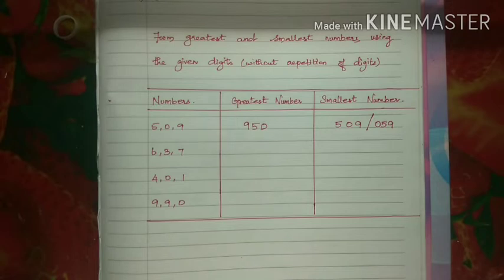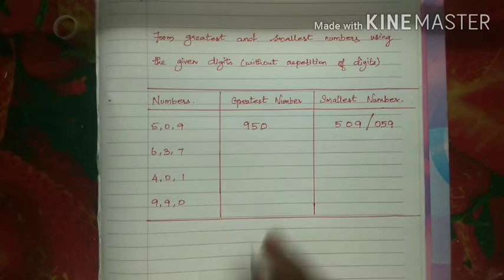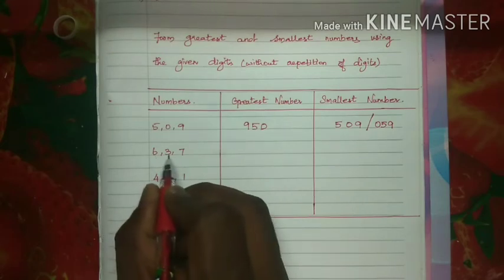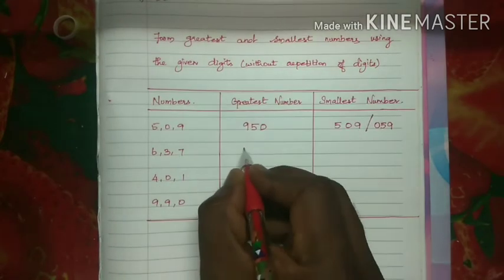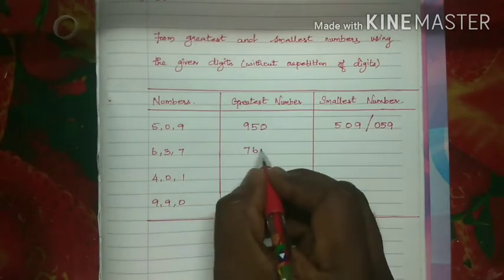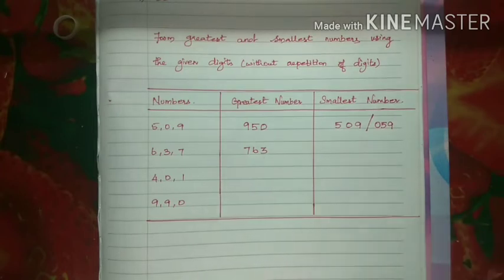Okay. Next one, 6, 3, 7. Which is the greatest number? Which is greater in this, 6, 3 or 7? Yes, 7. Next one, 6. Next one, 3.